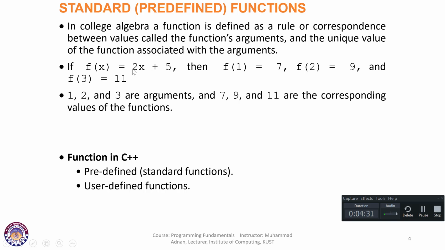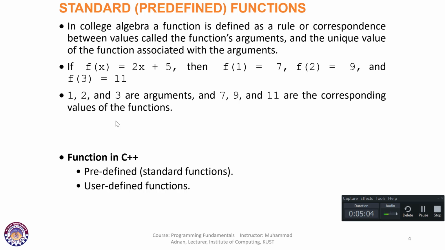Then f of 1 becomes 7, f of 2 becomes 9, and f of 3 becomes 11. The x makes this f function a generic function. Whatever is the value inserted for this x, the function will return values depending on the value of this variable x. So 1, 2, 3 are called arguments, whereas 7, 9, 11 are the corresponding values of the function.